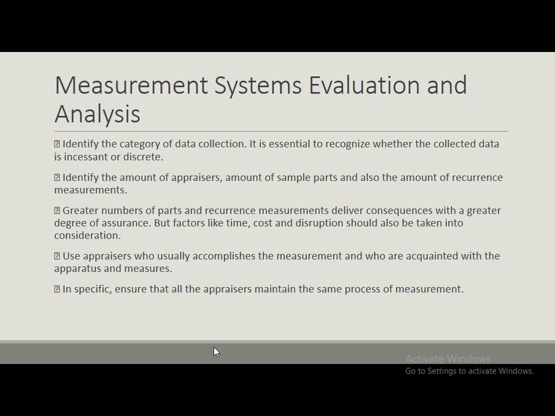This is very important to be considered. If possible, make the measurement site precise on every part. This will bring down the influence of within part variation. Additionally, it has to be taken into consideration that measurement instruments should have sufficient discrimination.